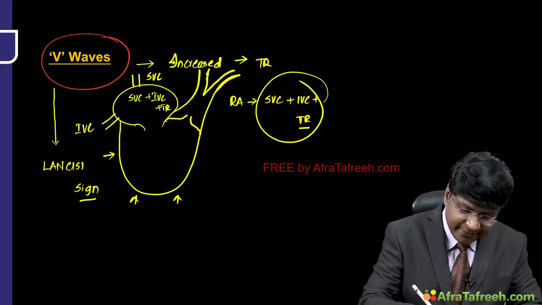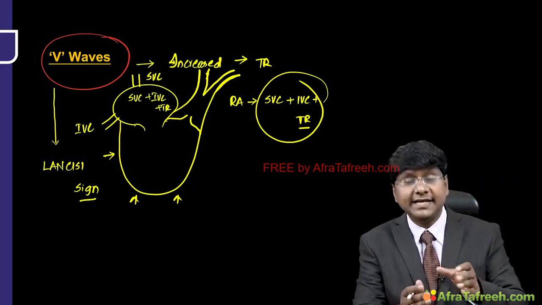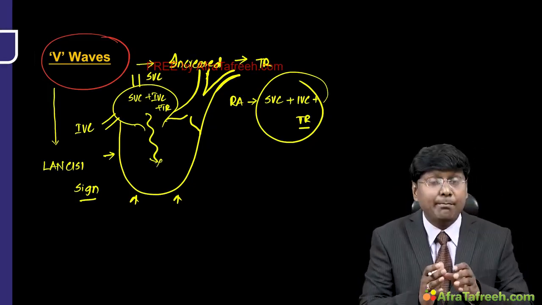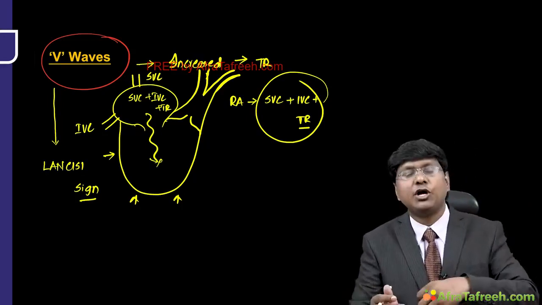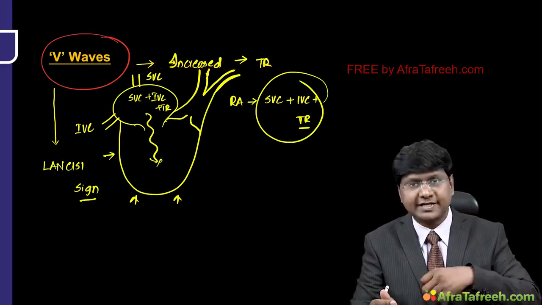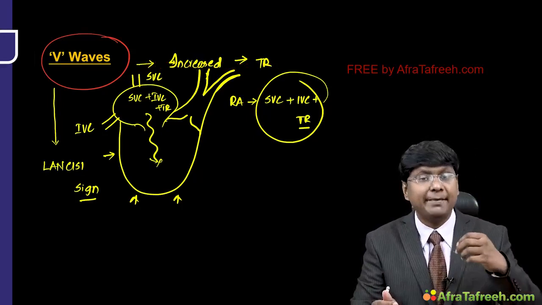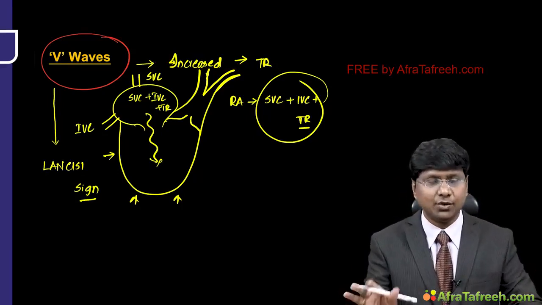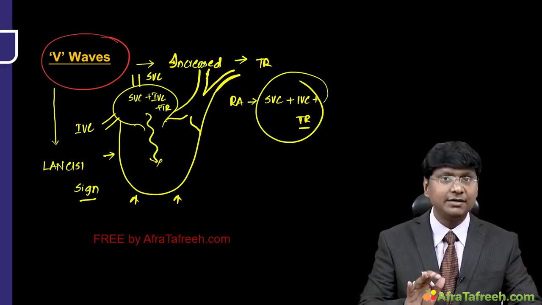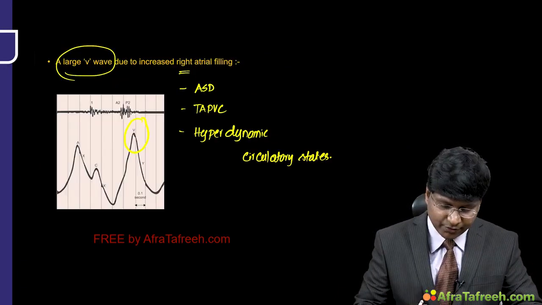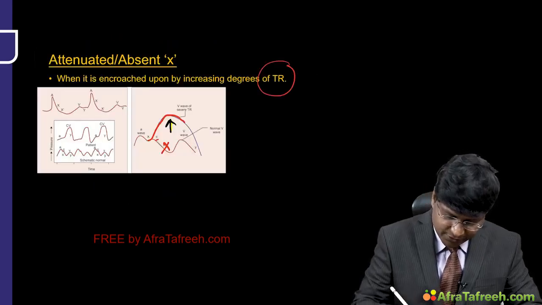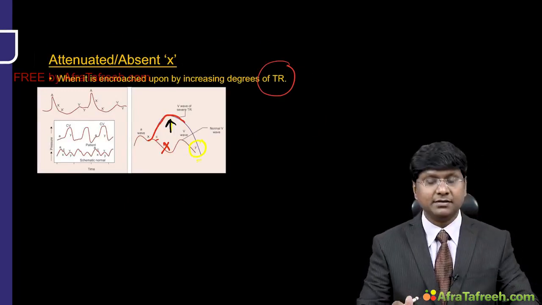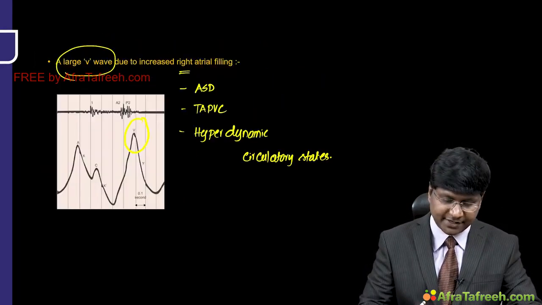So subsequently, when the atrium is emptying, the atrial emptying will be more, that is, a large volume of blood will enter back into the right ventricle. So thereby you will have a prominent Y descent. Okay. So this is about the abnormalities related to the Y wave. You can just see here, right? This Y descent is very prominent and rapid. That is what you will see in case of tricuspid regurgitation.